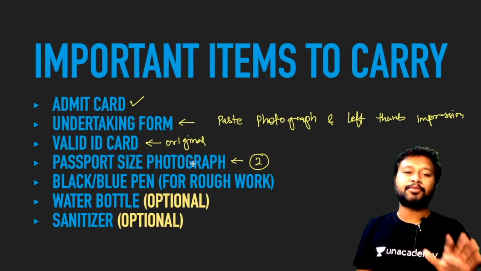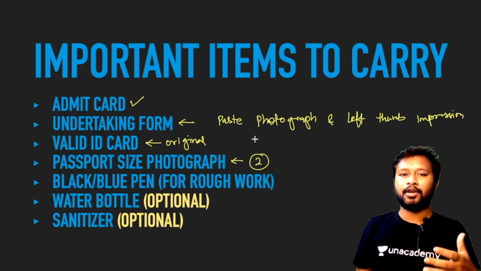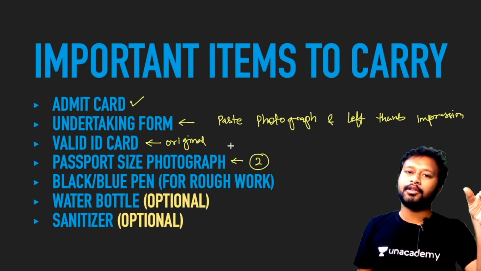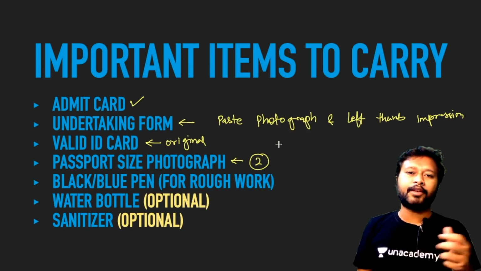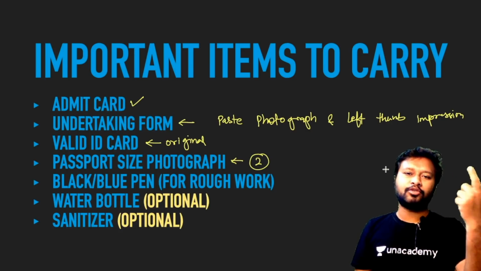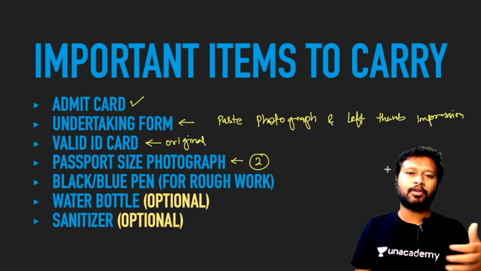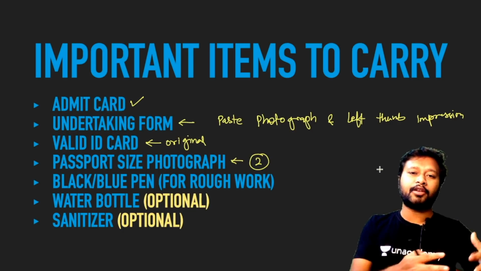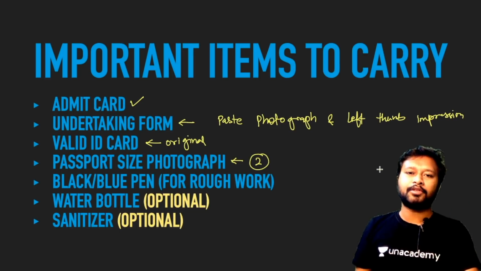It is recommended to keep the same photograph which you uploaded in the form. Many of you might not have the same photograph, but you might have the soft copy of what you uploaded. So just go to a nearby studio or photo shop where they print photos and ask them. They will give you more copies of that. So that thing you have to carry.